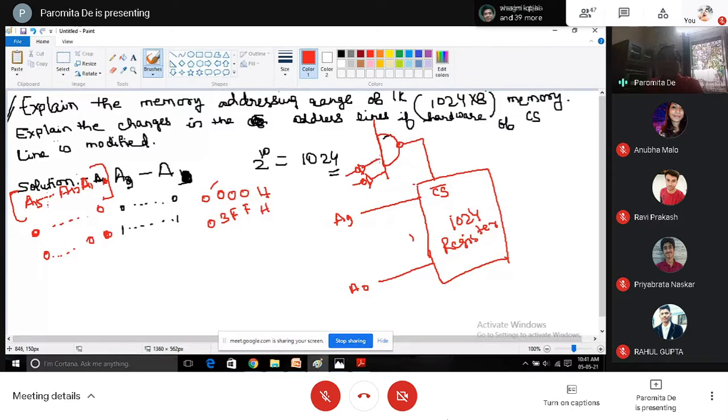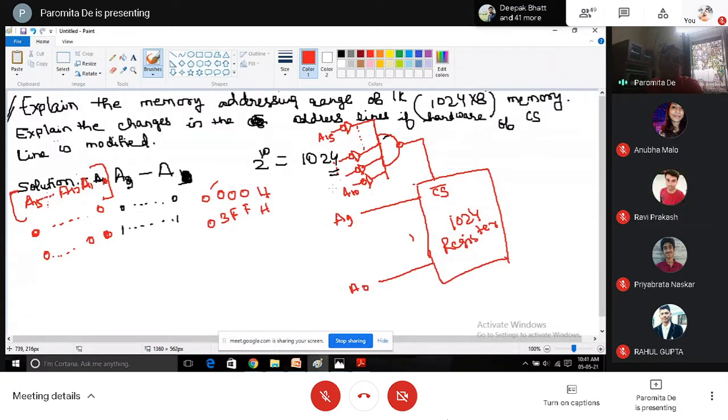So if it is 1, then it will become 0, and if it is 0, then it will become 1. So what is happening to this logic? You solve it yourself. You have studied this. A10 to A15, I will put A15. Okay. So then all the other lines are here, and my chip will be selected.